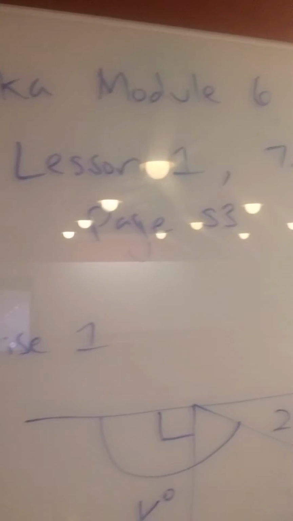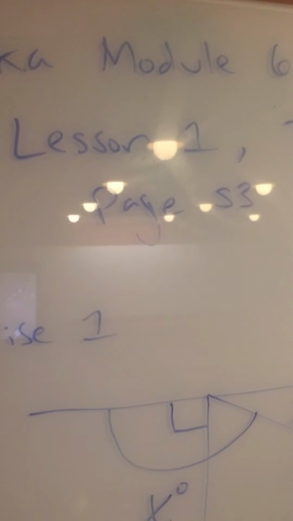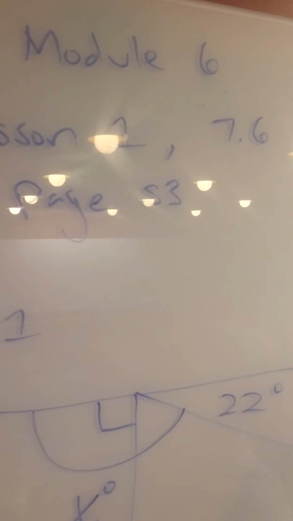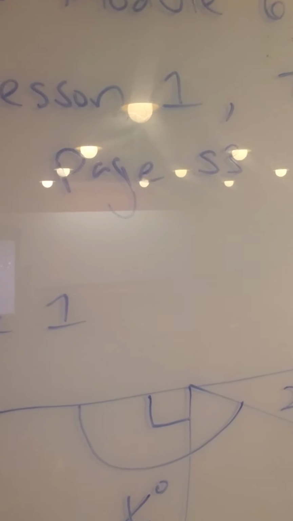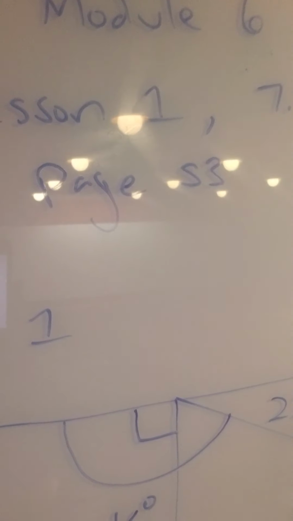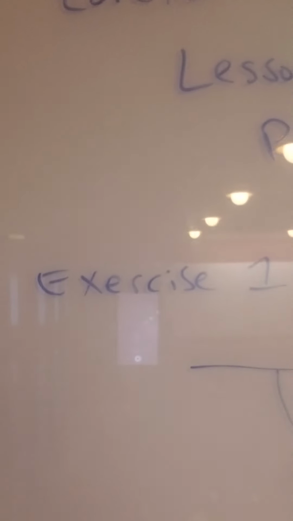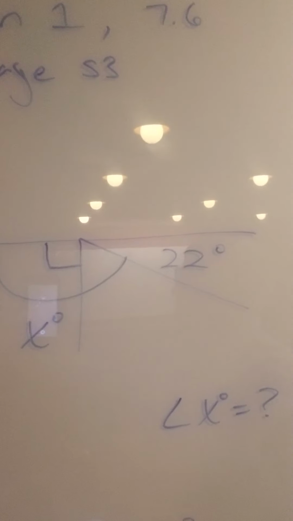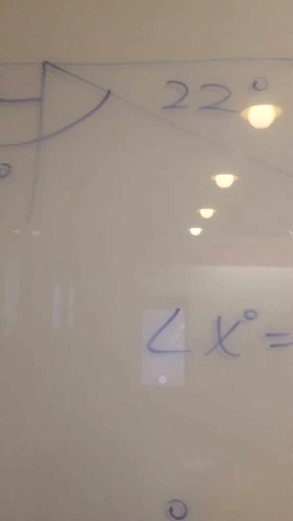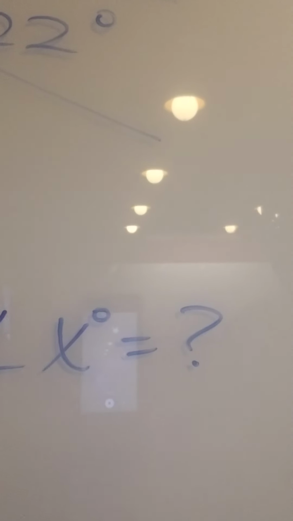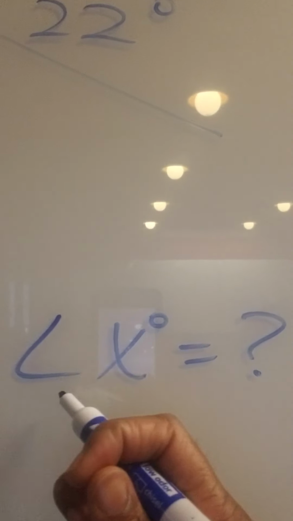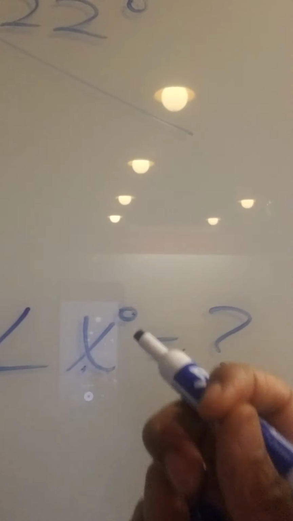Again, this is Eureka Module 6, Lesson 1, Section 7.6, page S3. Okay? Exercise 1. Just a review. I didn't ask you guys to do this. Just a review. The question is, what is the measurement of angle X? Angle X is how many degrees?